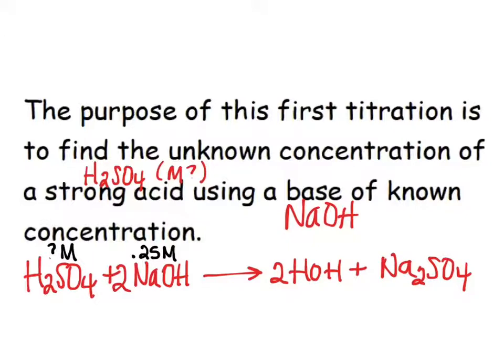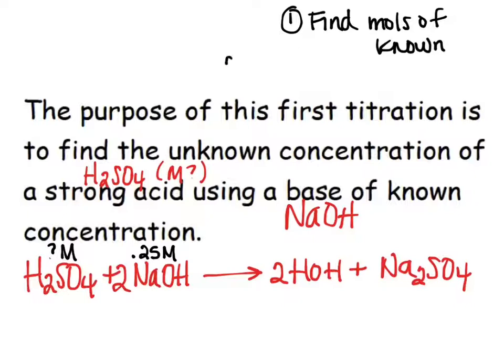So if you go back to our discussion yesterday, I said the first thing you need to do is find the moles of your known. Once you find the moles of your known, then you're going to find the moles of your unknown.